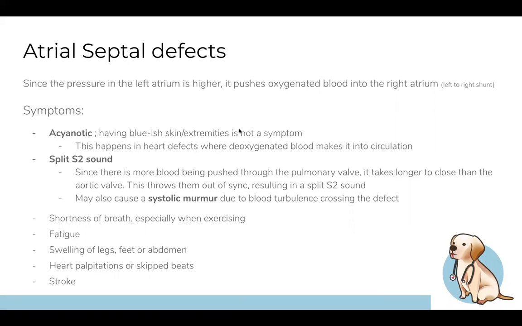You're not going to have deoxygenated blood going to your extremities. So you're acyanotic, cyan meaning blue, which means having bluish extremities. If you were getting deoxygenated blood in your oxygenated blood, your extremities may not be getting enough oxygen, which is why you get bluish extremities.